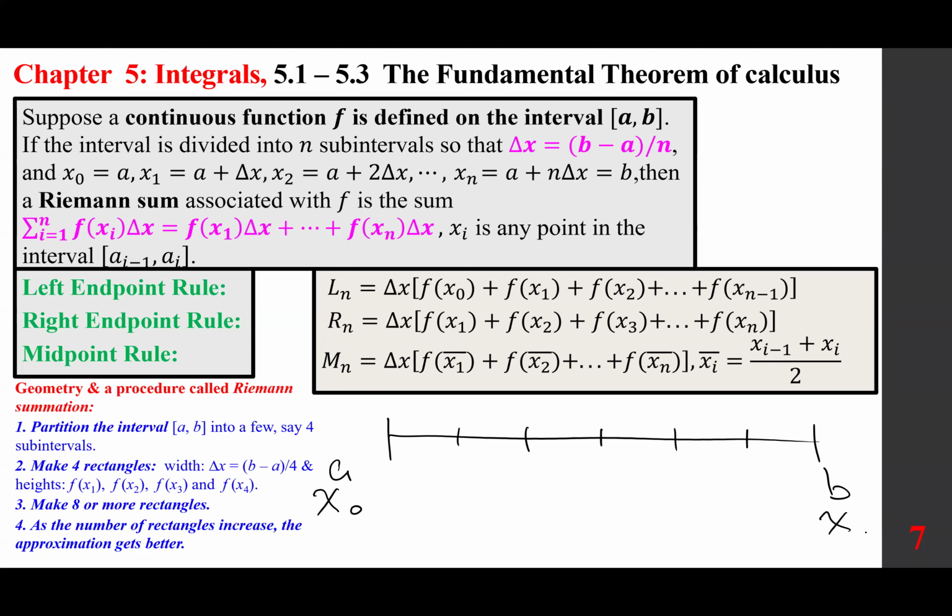This is x sub n, okay? So for the left endpoints, for all of them, delta x is b minus a over n. For the left endpoints, you use all these points as the functional value, put it in. You do not use b. For R sub n, you do not use a, the first point.